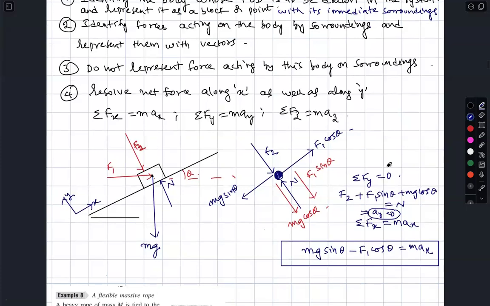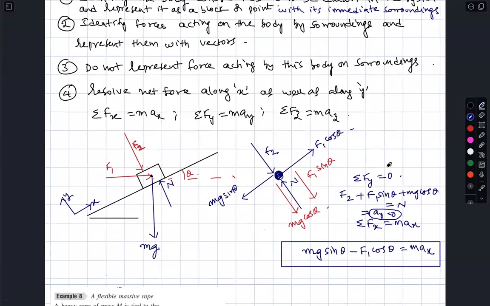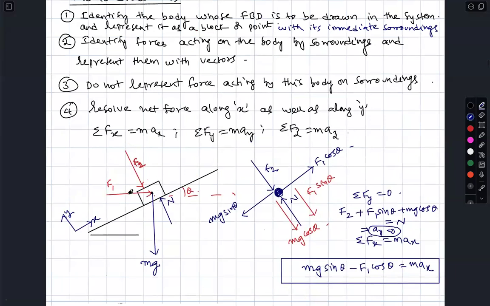See what I have done, I am explaining you again. Here, what is the system? Fortunately, the block and inclined plane is the system. I am identifying that the block is my selected body for which I am about to draw the free body diagram. I have represented the block with its immediate surroundings, as the inclined plane is shown. Second point, I have identified that F2, F1, N, mg, these are the forces acting on the body.